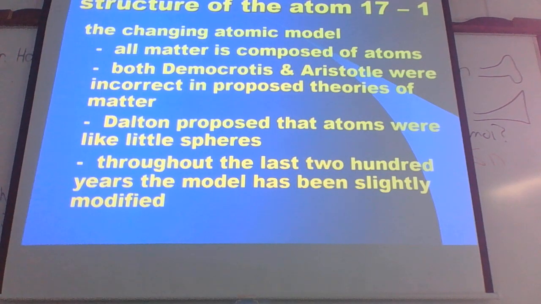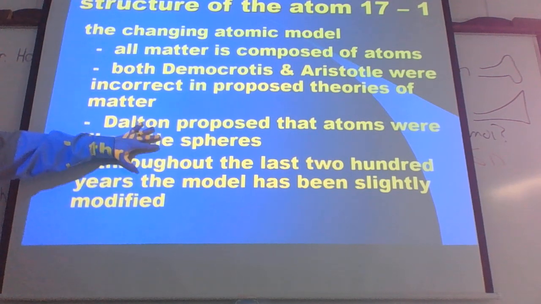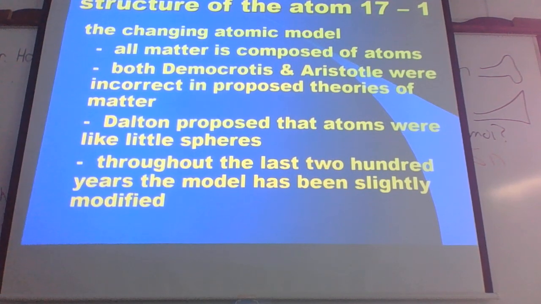So what had happened is the first atom proposed by Dalton looked at them as little tiny spheres. A sphere is just a circle in three dimensions; a circle would be two dimensions. So it was theorized that these electrons were rotating around that sphere.